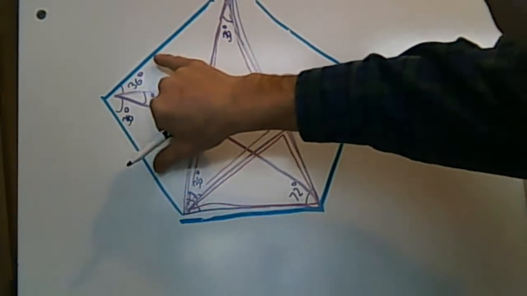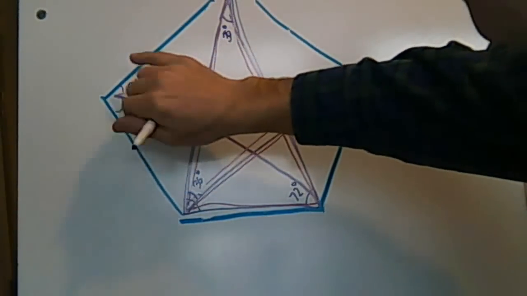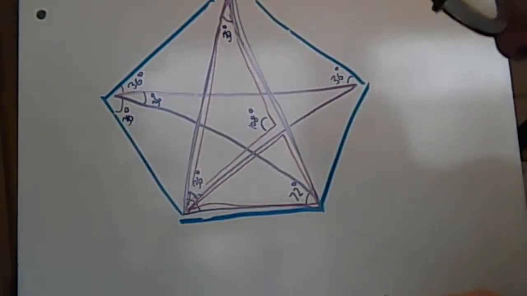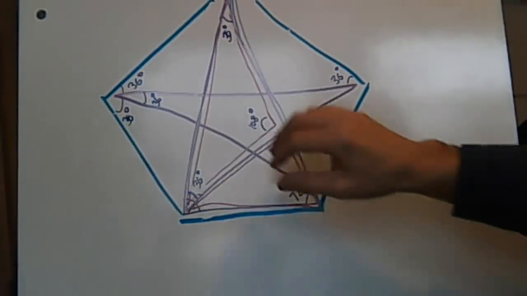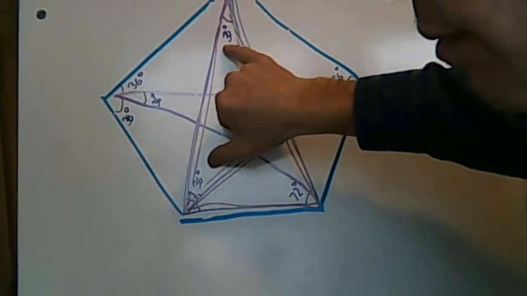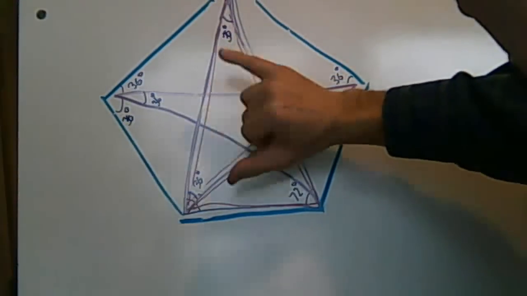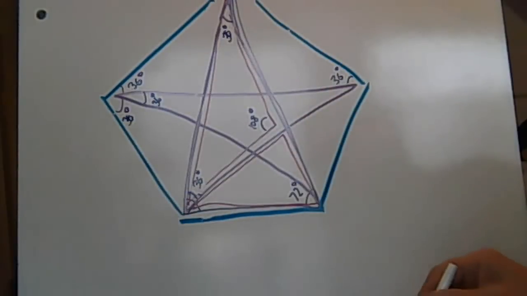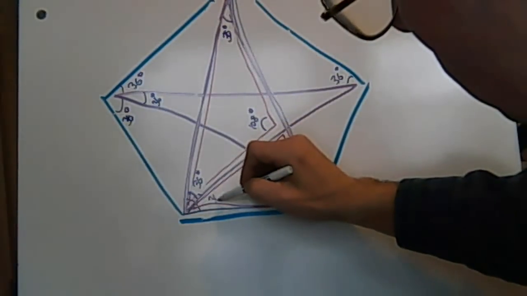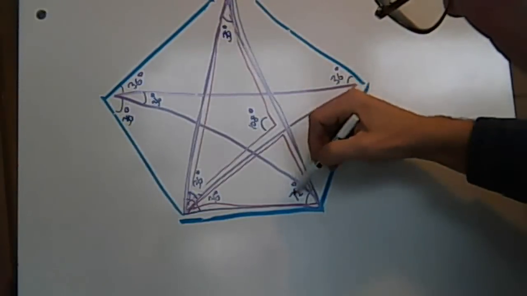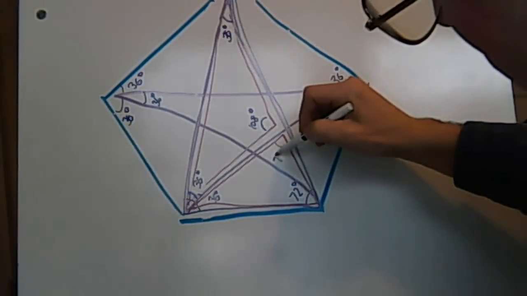Before I was telling you about isosceles triangles that were isosceles because the lengths were the same. But one thing that we learned from geometry is the properties of an isosceles triangle. If the two base angles are the same, then the two sides will be equal in length. Now, if this is 180 degrees, and this is 36 degrees down here, on this one, this is 72 degrees again.